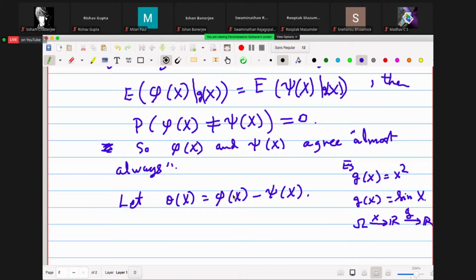Okay, sir. Yeah. So the idea is to take something like this, the square of this, and then you take this random variable.